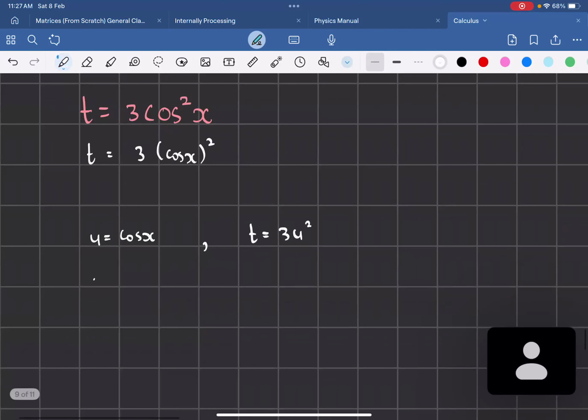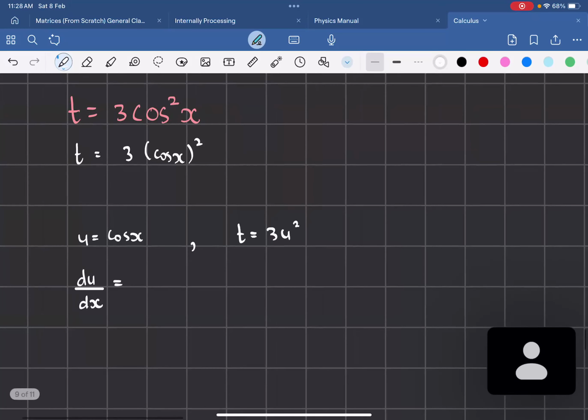Tell me what to do next. So since we let u be cos x, the differentiation will be du over dx. We differentiate u with respect to x.